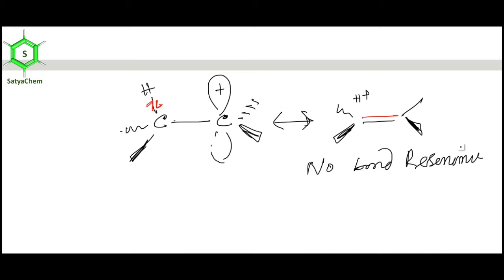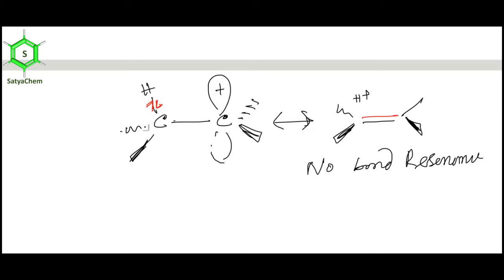Clear? Here this hydrogen atom is not free. The effect is to increase the ionic character of the CH bond. So the higher the ionic character of the CH bond, the higher will be the probability of hyperconjugation.